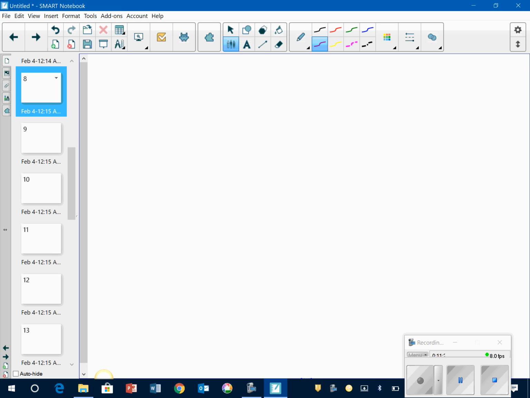Okay, next, if you go over on page 83, we're going to express the following expressions as percents. We're still going to use the same formula: percent over 100 equals out over of.